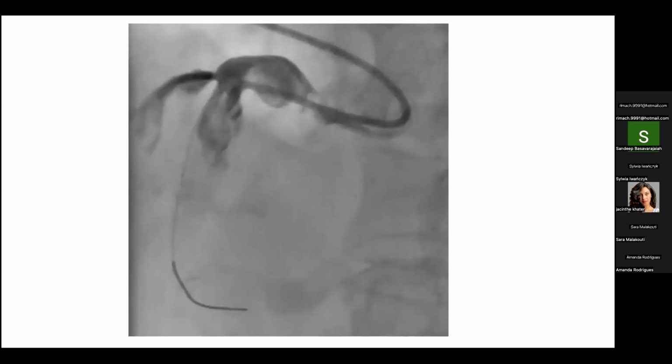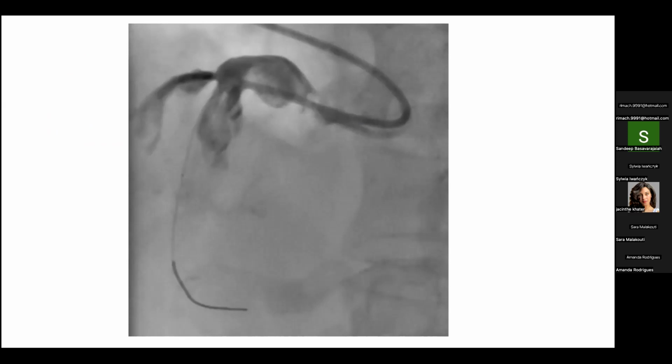And I have a question for you, what do you think? What is this? This is an image also accepted for Europe. It's not my procedure, but my colleague did this procedure from my center.